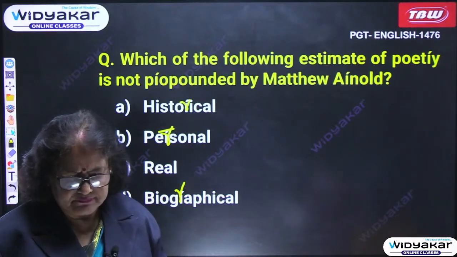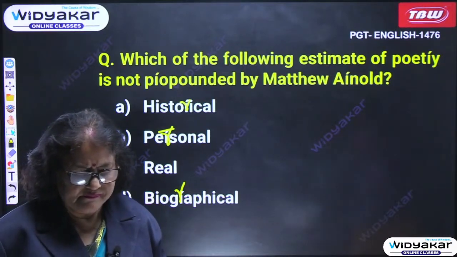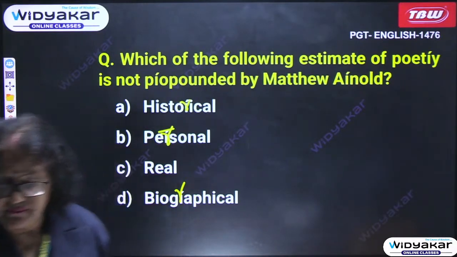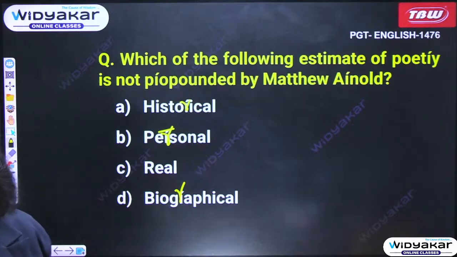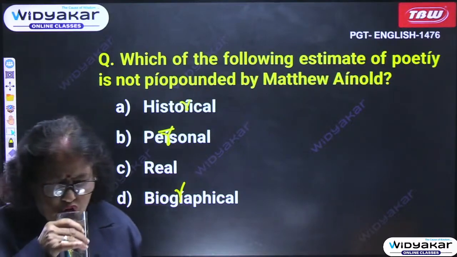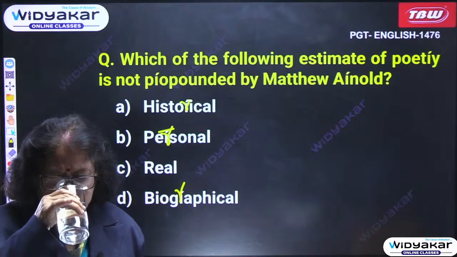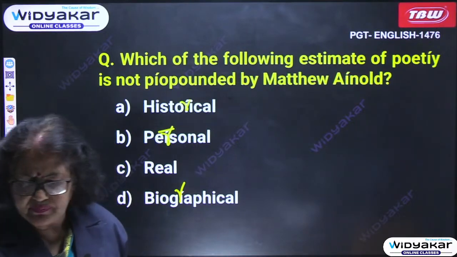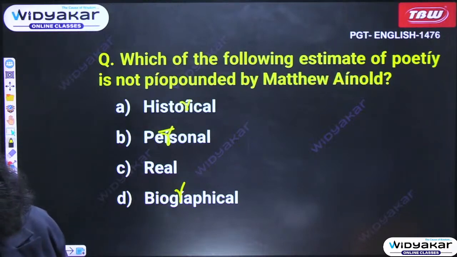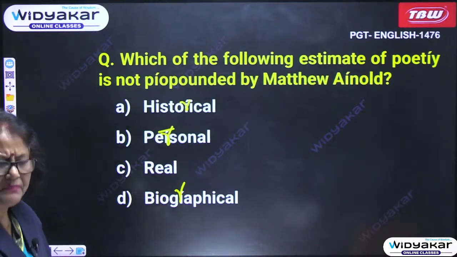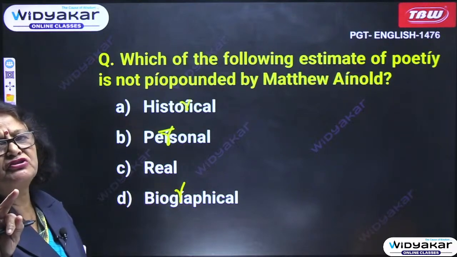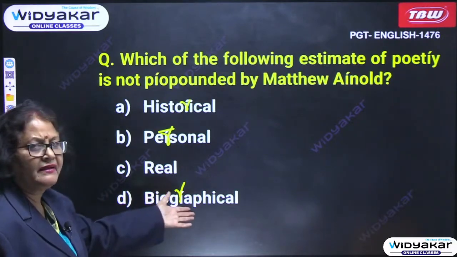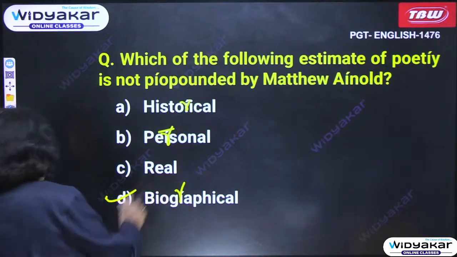Arnold speaks of three estimates: historical, personal and real. Biographical is not among them. Option D is the right answer.